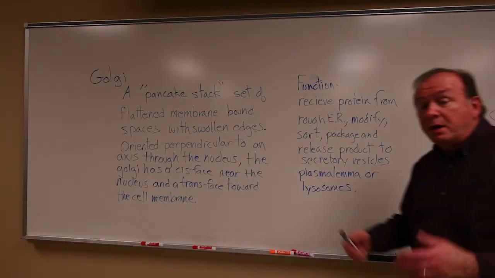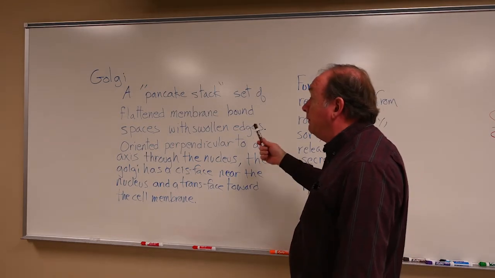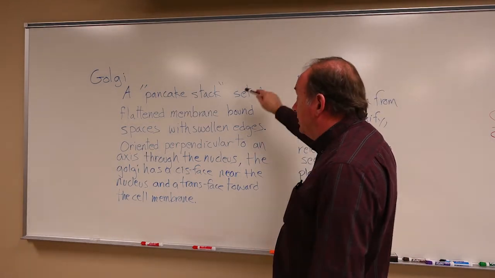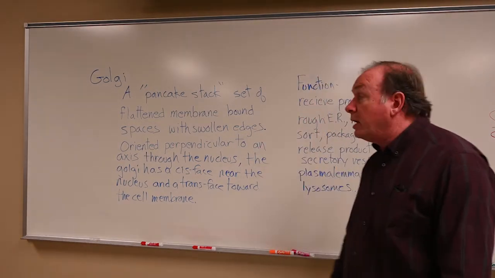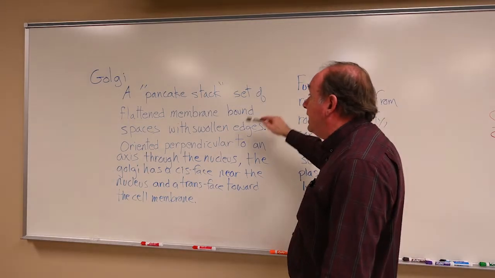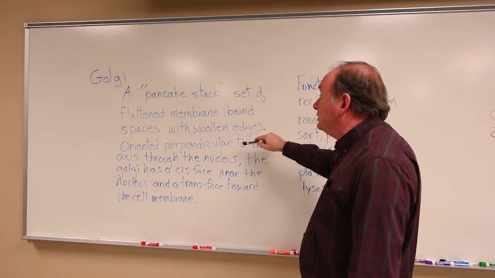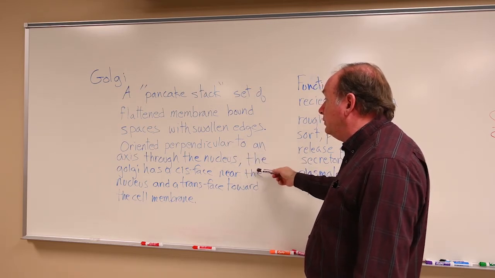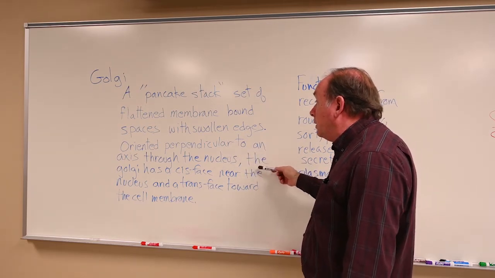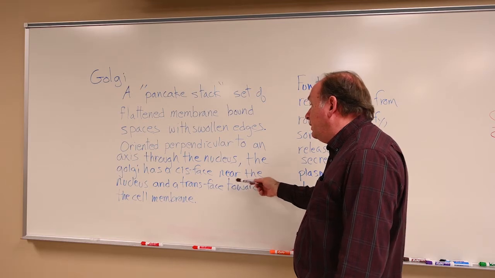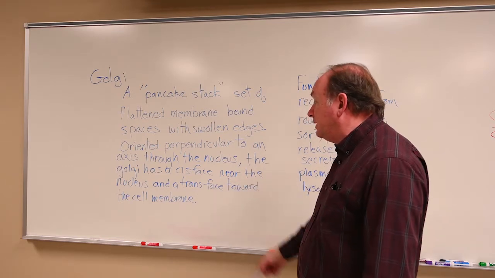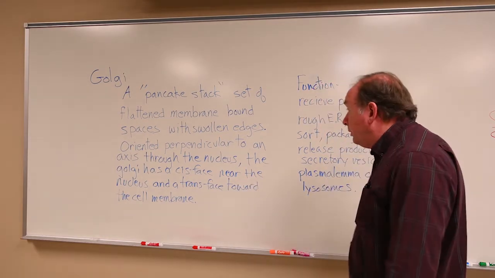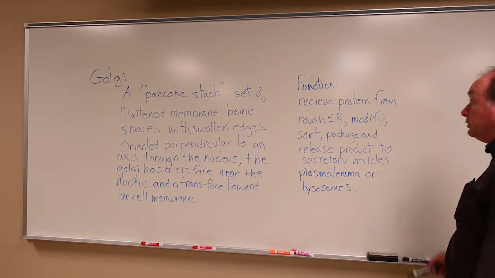Now we've already talked about and looked at the drawing of the Golgi apparatus, but here's a statement of the structure: a pancake stack set of flattened membrane-bound spaces with swollen edges, oriented perpendicular to an axis through the nucleus. The Golgi has a cis face near the nucleus and a trans face toward the cell membrane. So we've been over that already when we talked about the structure.